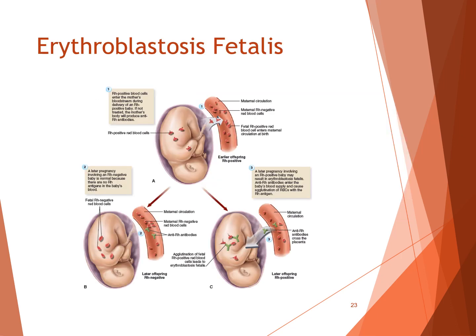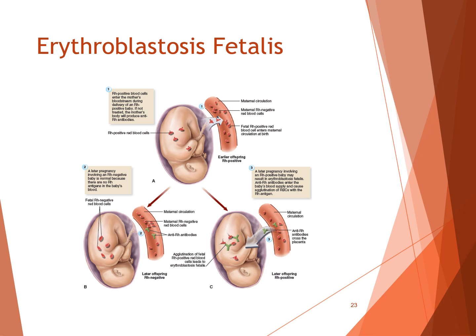Here's the image taken from the textbook regarding erythroblastosis fetalis, and this top image that you can see here of the baby. This, again, a positive Rh father, and a negative Rh mother.